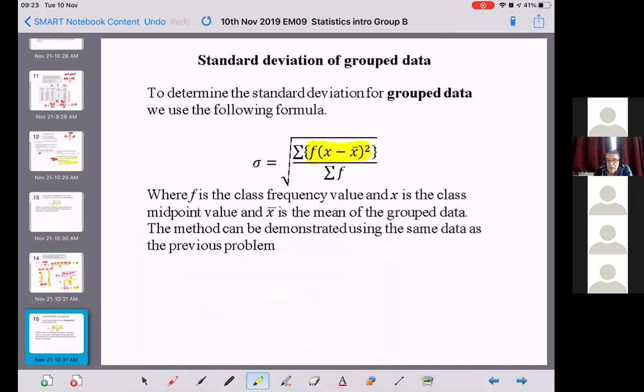Then we take the sum of all of those values, divide it by the sum of all the frequencies, and lastly take the square root of the answer.